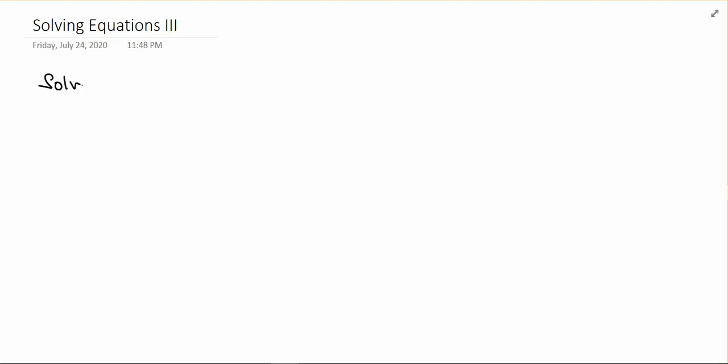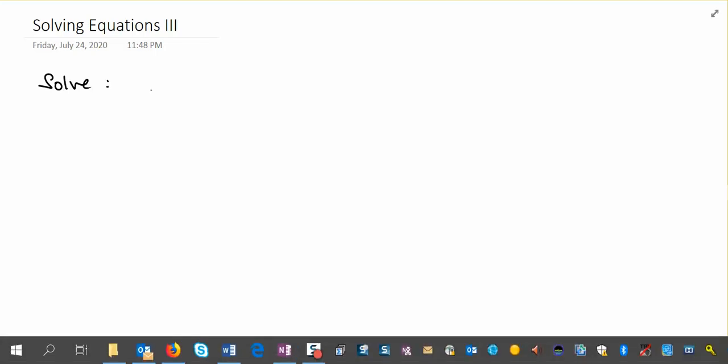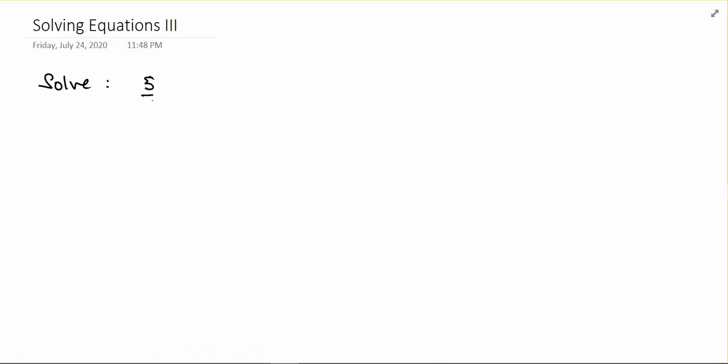Solve, and your equation is 5/8 plus 1/4 x equals 1/2 x. Alright, so again there are x's on both sides of the equation and we have fractions. So what do we do?